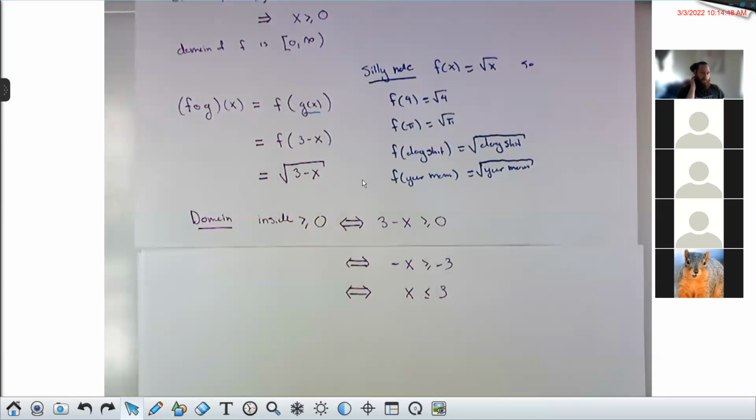So here's the domain as an inequality. And if I want to write that in interval notation, this is all the x's which are less than or equal to 3.